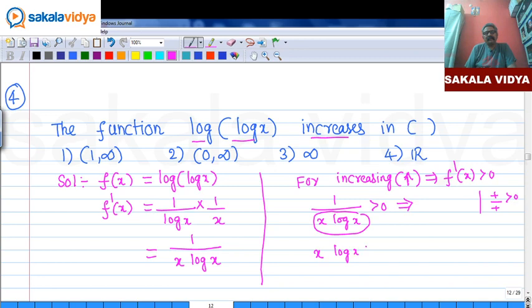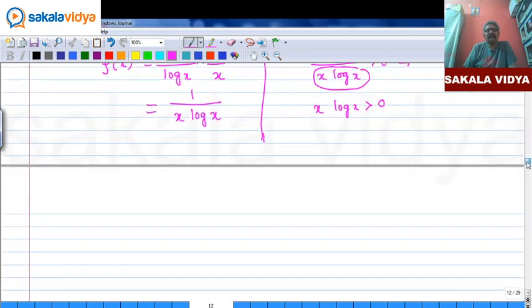Now, to define the logarithmic function, x must be greater than 0, or sometimes x lies between 0 to 1 also. So, two cases let us take now. Consider two cases. First, case 1.